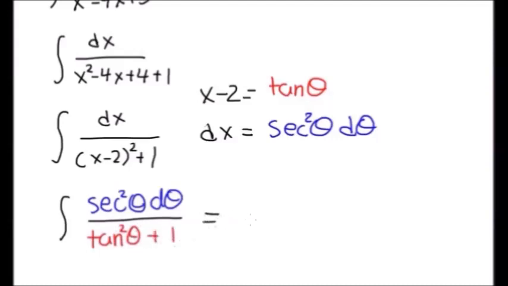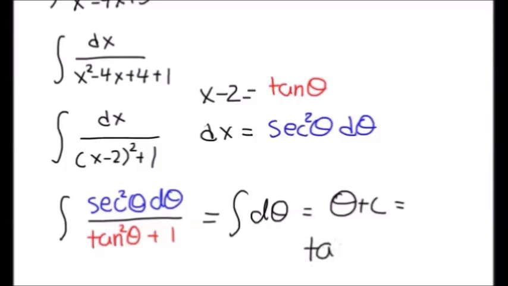Now, because secant squared theta is equivalent to tangent squared theta plus 1, this simply gives us the integration of d theta, which is equal to theta plus c. Now, plugging it back in, we get this as the final answer.